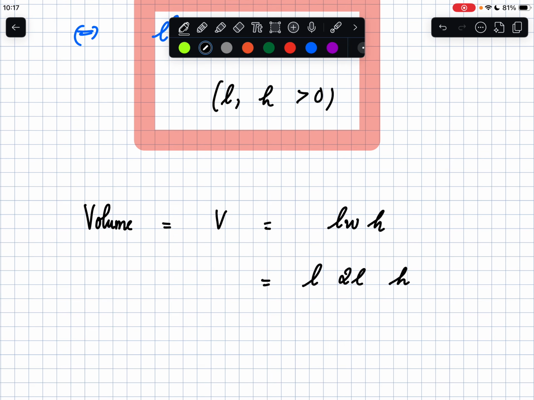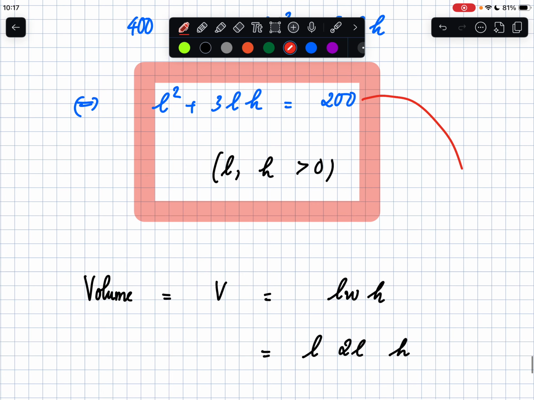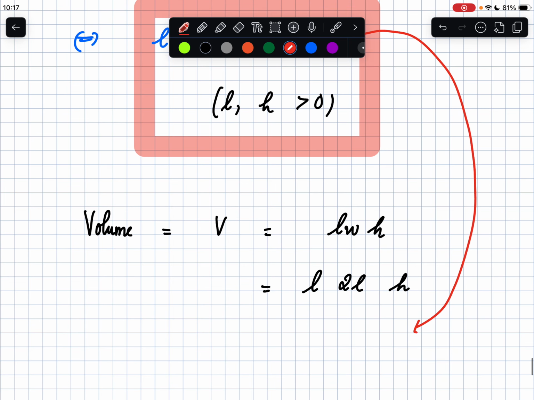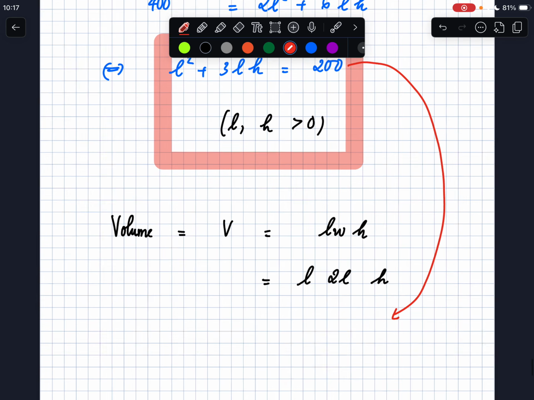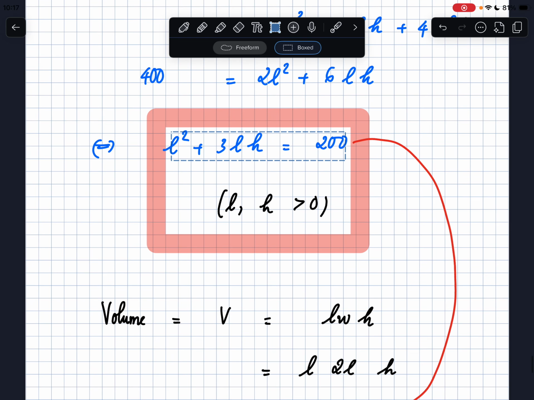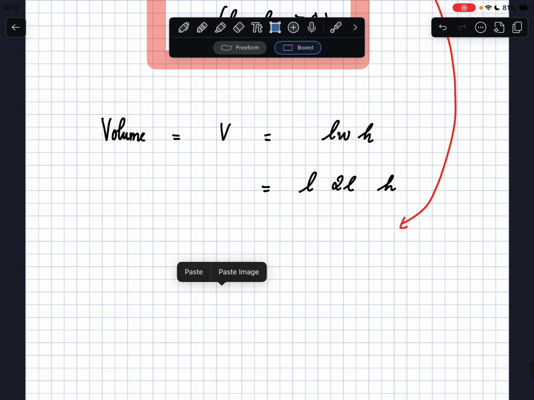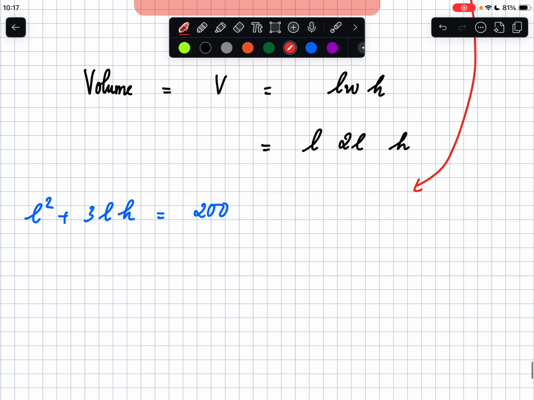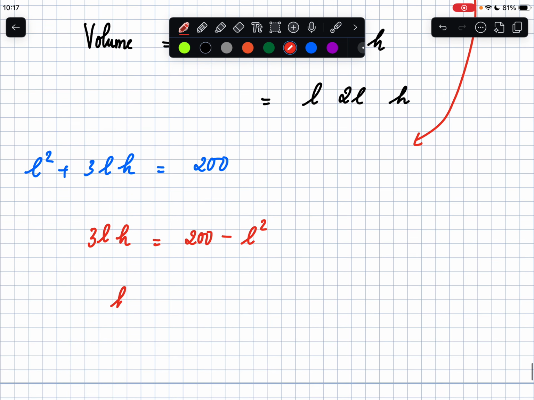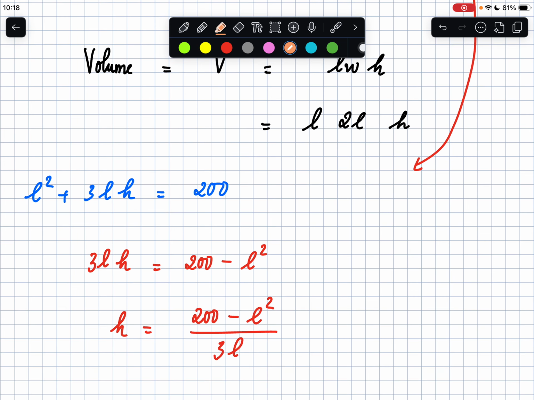Because of this formula, we have length squared plus 3 length height equals 200, so height equals 200 minus length squared over 3 length. So plug in here, height equals this one.